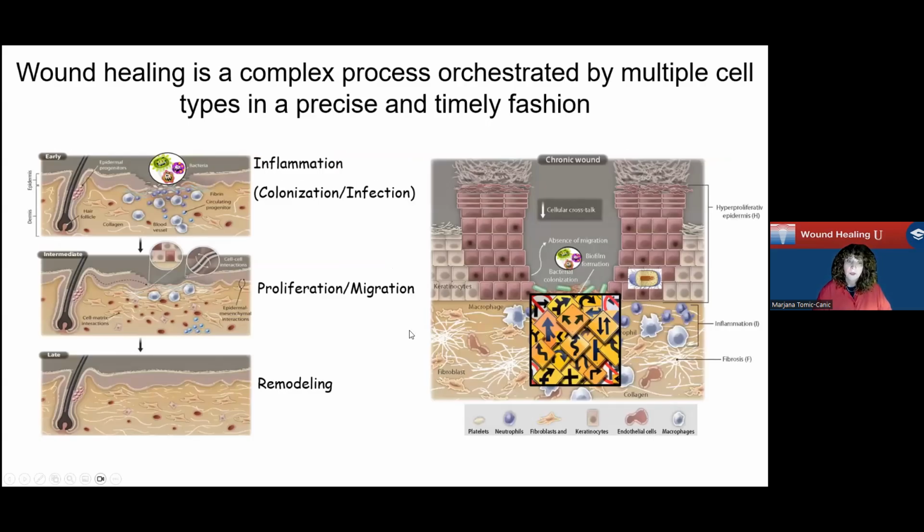So to this audience, probably not news, but wound healing is a complex process, as you know, orchestrated by multiple cell types that need to be executed in a very precise and timely fashion. There are multiple different cell types that contribute from different skin compartments.